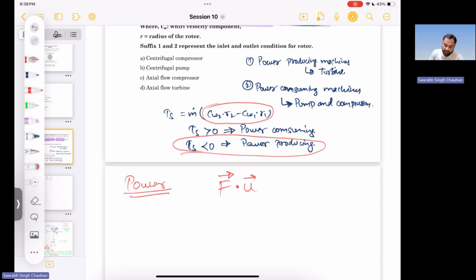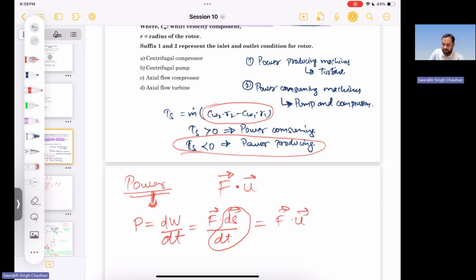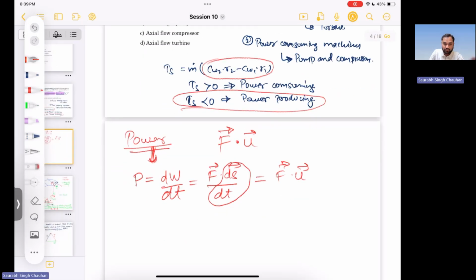Power is basically the rate of work done. Let us say P, so power is dW by dt, the rate at which work is being done, and dW is force times displacement, and ds by dt is basically u. So power is force times velocity, dot product. This is for the case of translation.